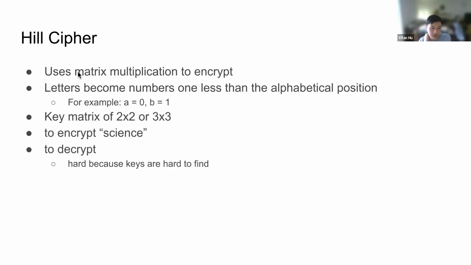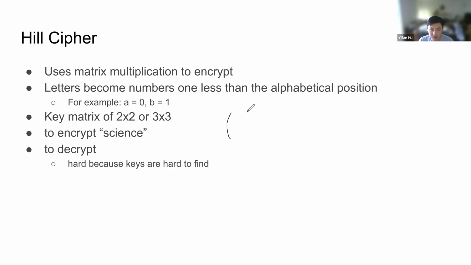Hill ciphers use matrix multiplication to encrypt. In this one, letters are one less than the alphabetical position, unlike most, where they are just the alphabetical position. Then you have a key matrix of 2 by 2 or 3 by 3, and you use that key matrix to decrypt.